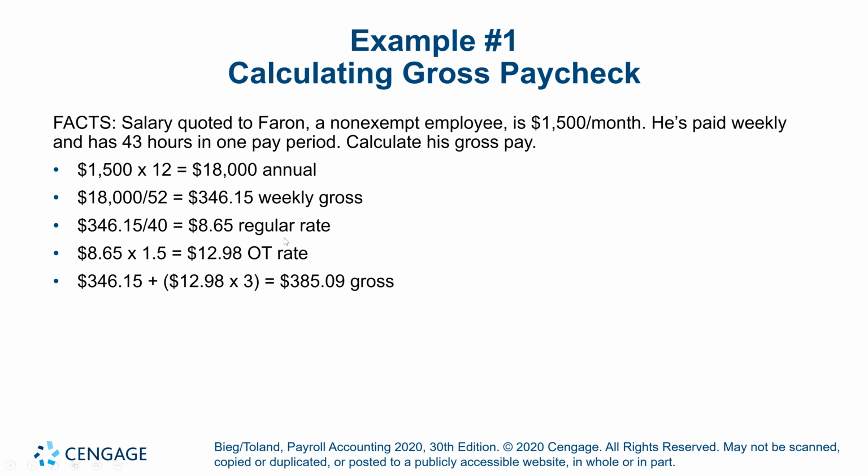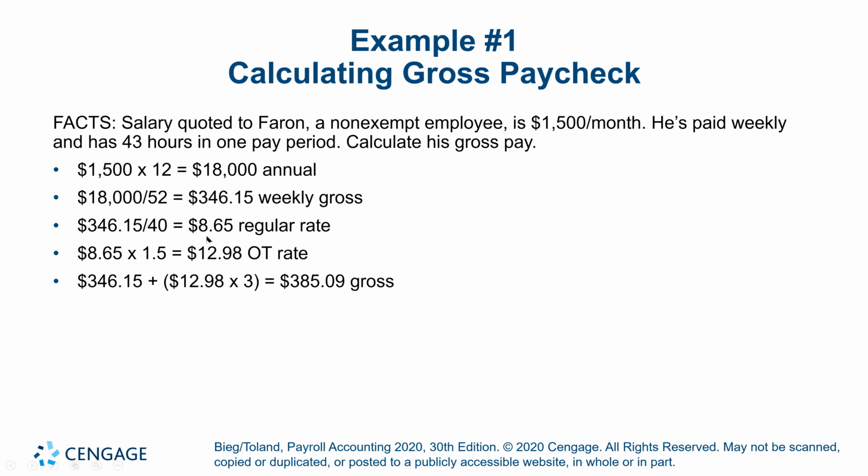So again, we know what it is per month. We want to annualize it. So we want to take 1,500 times 12. That's 18,000 annual pay. And then we take that 18,000 divided by 52 weeks in a year. That gives us 346.15 per week. And then once we have that 346.15 per week, we can divide by 40, which gives us our hourly rate.